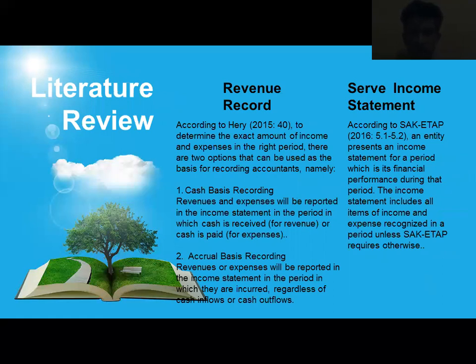2015, page 40, to determine the exact amount of income and expense in the right period, there are two options that can be used as the basis for recording accounting. Namely, the first is cash-specific recording.